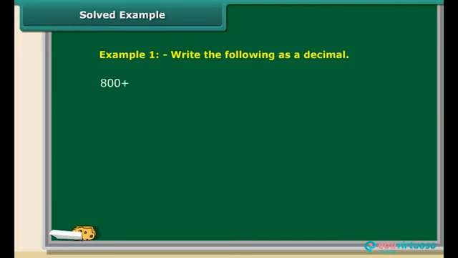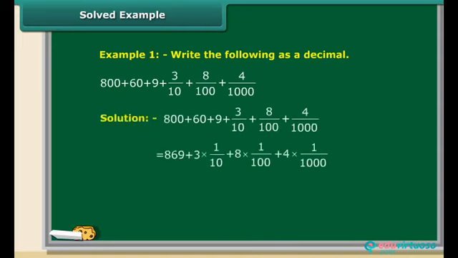Write 800 plus 60 plus 9 plus 3/10ths plus 8/100ths plus 4/1000ths as a decimal. 800 plus 60 plus 9 is 869. 3/10ths plus 8/100ths plus 4/1000ths is 0.3 plus 0.08 plus 0.004, which adds up to 0.384. So the answer is 869.384.